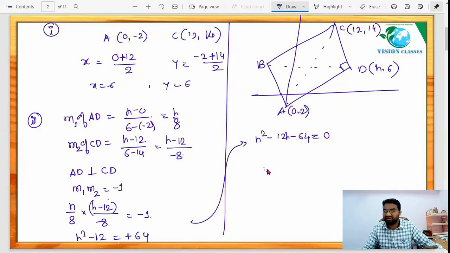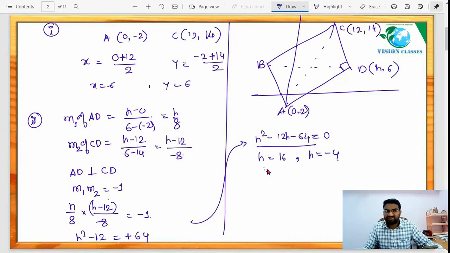This is a quadratic equation, and if you solve it, you get h equal to 16 or h equal to negative 4.